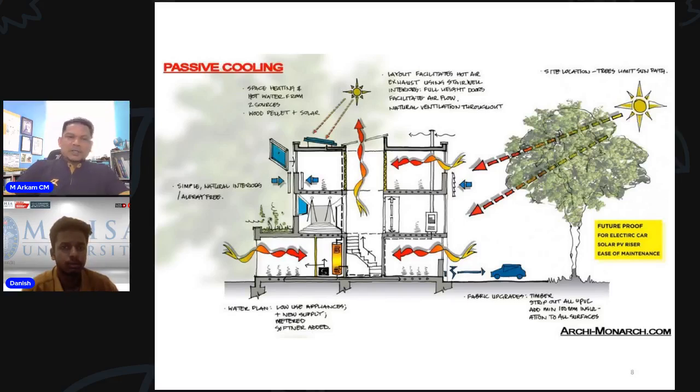So these strategies will help us be less dependent on active strategies such as fans or air conditioning, where we can have a nice flow from the hot air to the cool air and bring everything out of our building envelope, or our enclosure, to release back to the air.